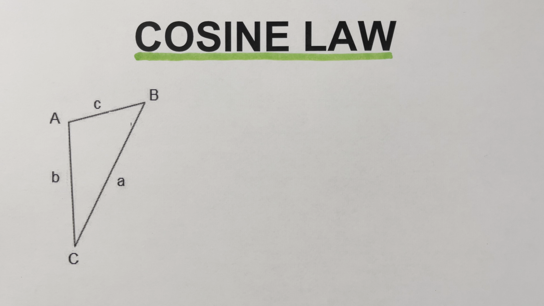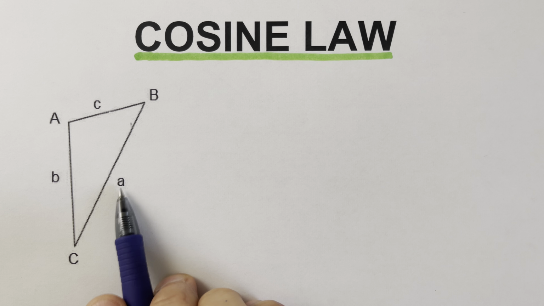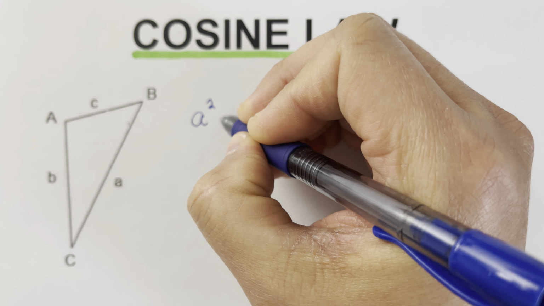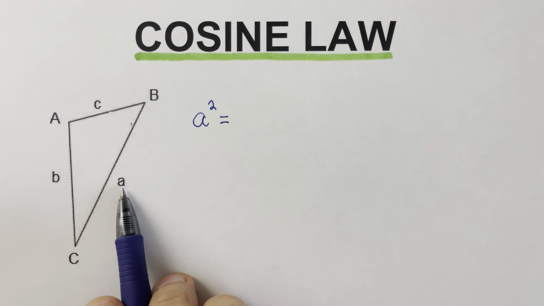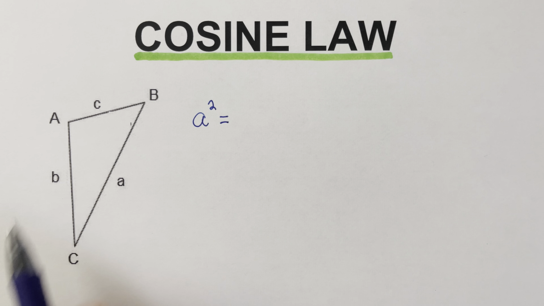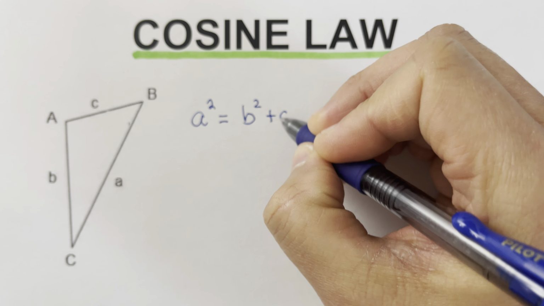But what we remember is the main concept of the cosine law, which states that if we get the square of this side right here, so I'm going to have a squared, that is equal to the sum of the squares of the remaining sides. So we add the squares of the remaining sides, that would be b squared plus c squared.